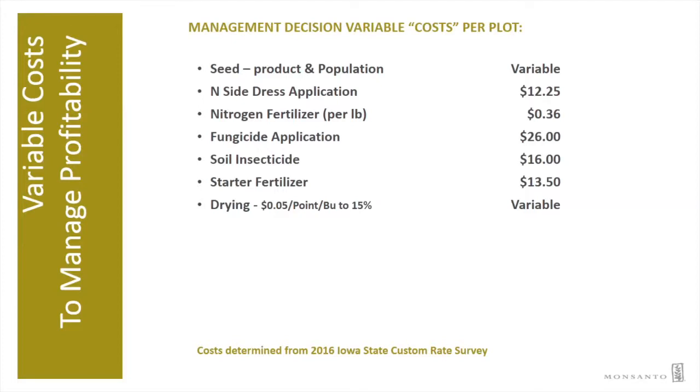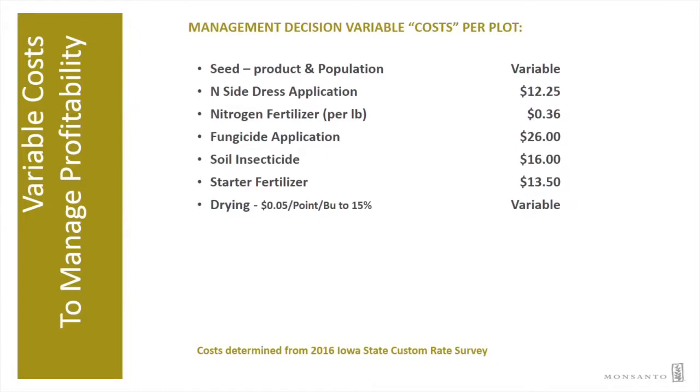Now these are going to be the decisions that you as a team are going to make to help your bottom line. Your seed cost is going to be variable based on what hybrid you choose and what planting population you choose for that hybrid.